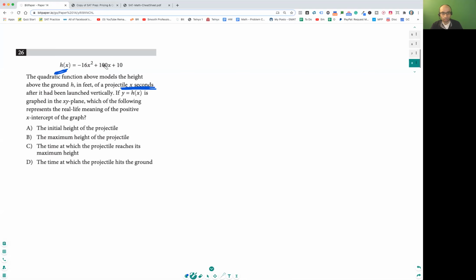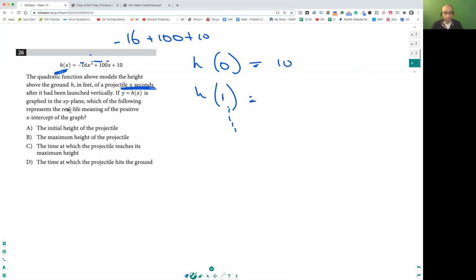At second number 0, the height is 10. At second number 1, you plug in the 1 and you get minus 16 plus 100 plus 10, and so on. So this is just plotting the time. Clearly it's not the height because it's given as seconds, it's just a unit. So height is gone. Time at which it reaches the maximum height, and then the time at which the projectile hits the ground. So this is clearly the correct answer.